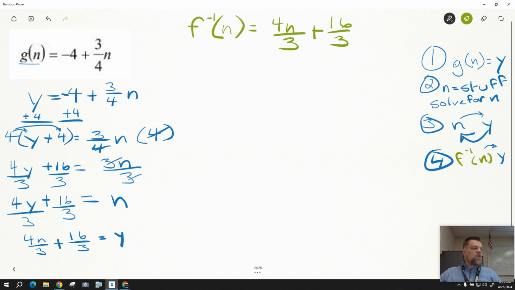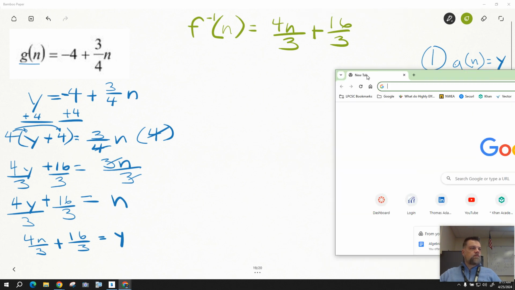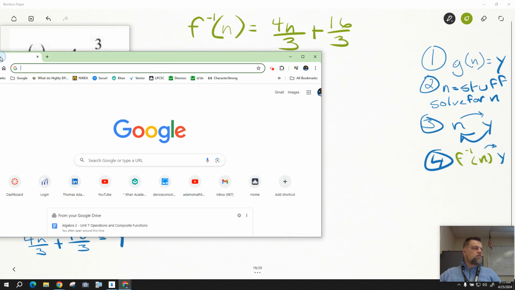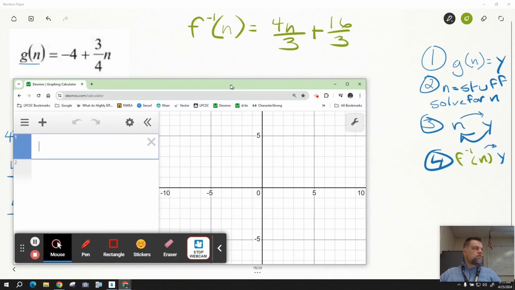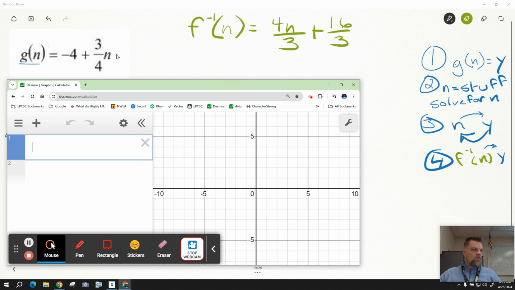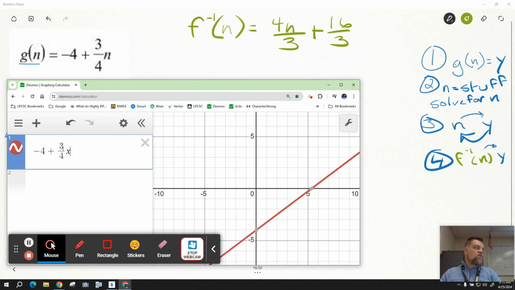Okay, let's graph it in decimals and see if I'm right. And like I said, we can't use n, we have to use x. So I'm going to say negative 4 plus 3 divided by 4, and I have to use x instead.